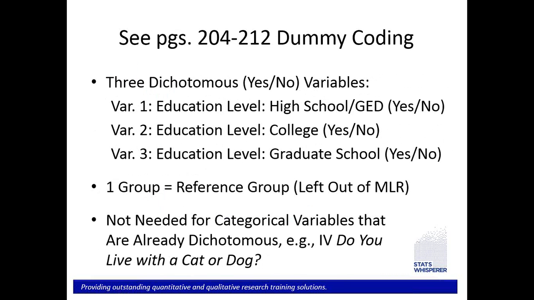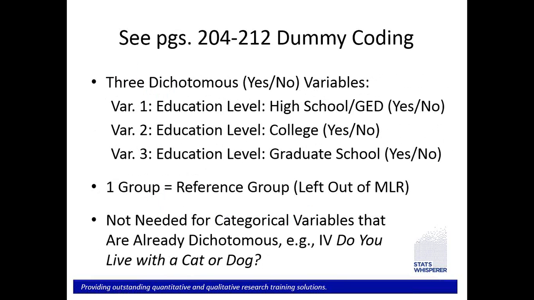So choosing the reference group, there's a few ways of doing it. One might be the group that you're most interested in, you might leave out as the reference group. So suppose high school GED was our independent variable, and who we were interested in were the study participants with a high school GED level of education.